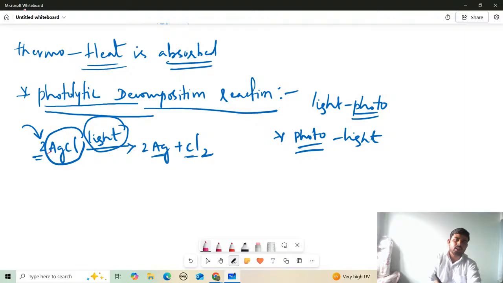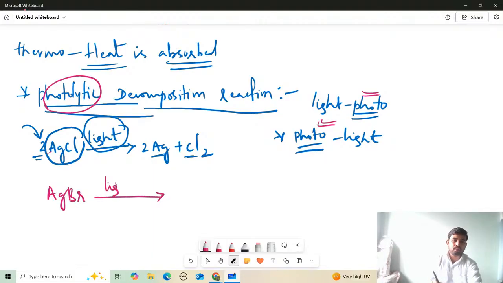Now one more example: AgBr, on absorption of light energy in sunlight, produces Ag plus Br2. This is also a photolytic decomposition reaction.